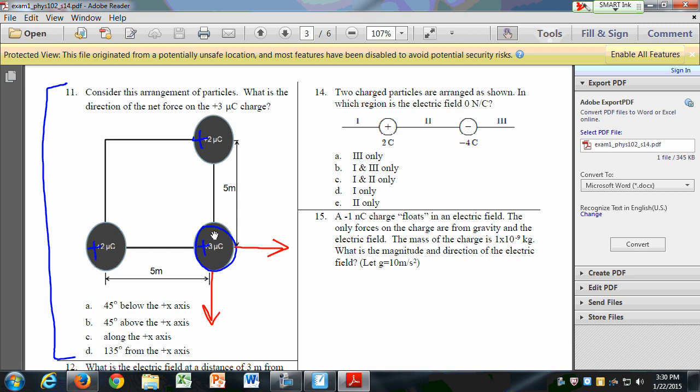And then we further look at it and we see, well, we have a 3 and a 2 microcoulomb charge interacting here, and a 3 and a 2 microcoulomb charge interacting here. So which of these forces is going to be bigger? These are going to be identical forces. So if I think about these vectors, I can redraw them slightly.